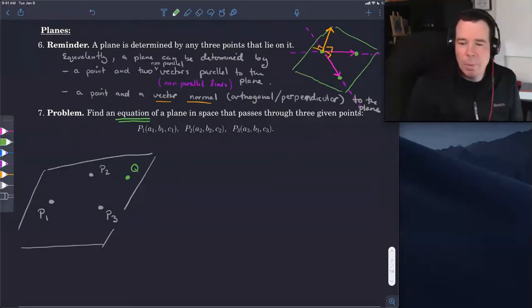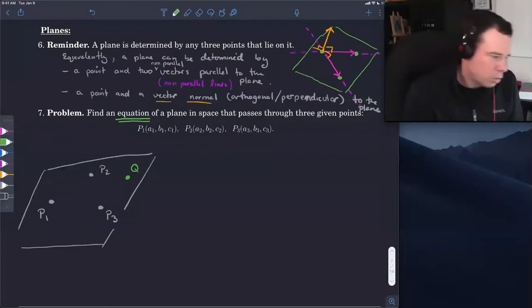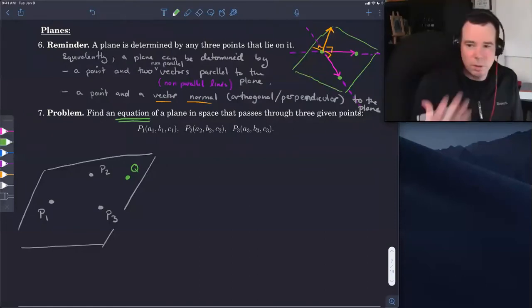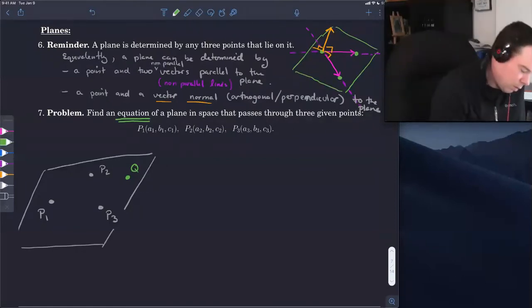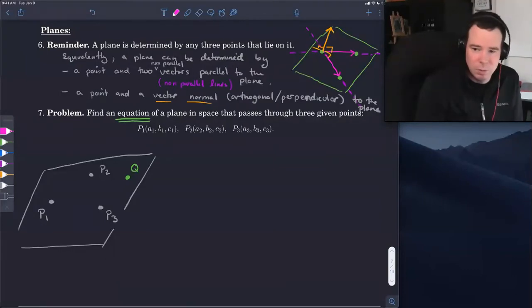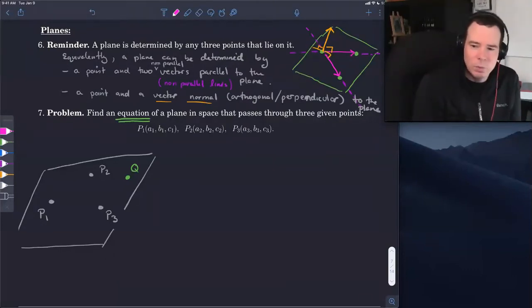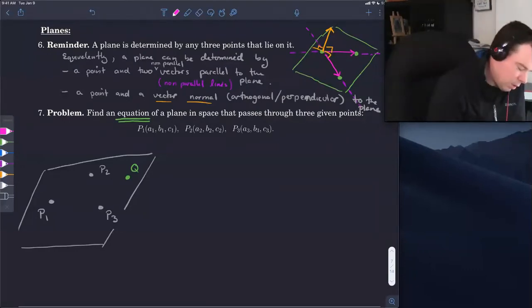I'd like to come up with an expression that Q has to satisfy. What do the coordinates of Q have to satisfy in order to be on this plane? One way we could capture this information, and I want this to relate back to P1, P2, P3. So I want a condition on Q, how it's related back to P1, P2, P3, that gives us a complete characterization of when it's sitting in the plane defined by those three points.